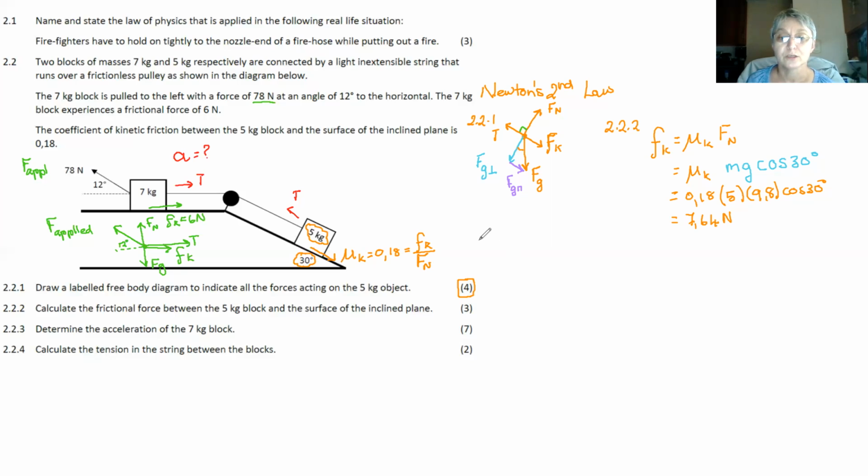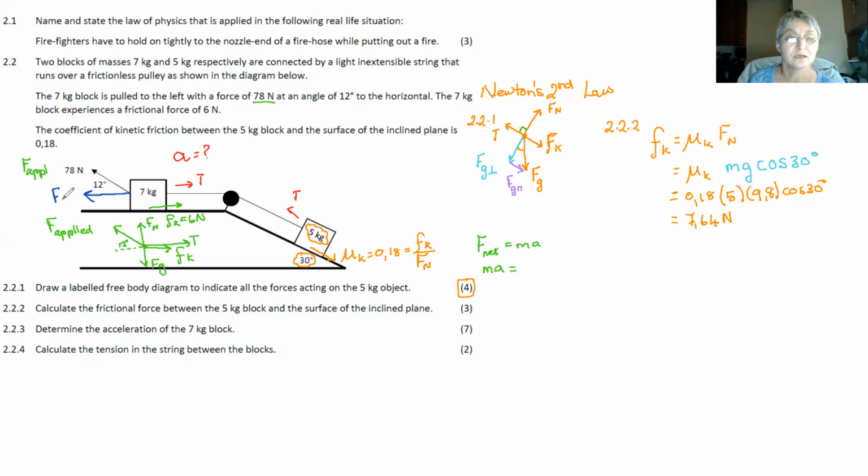So using Newton's second law, F net is ma, but for the 7 kg object, the ma would be equal to... Now, the block is moving in the direction of the parallel component of the applied force.